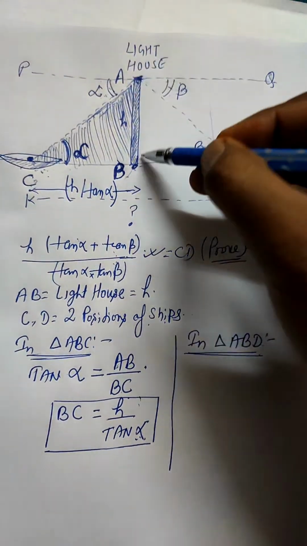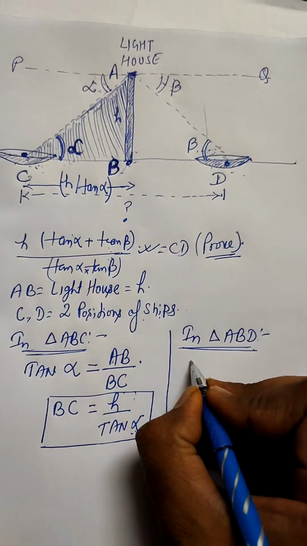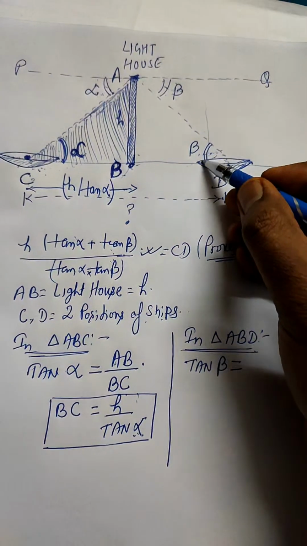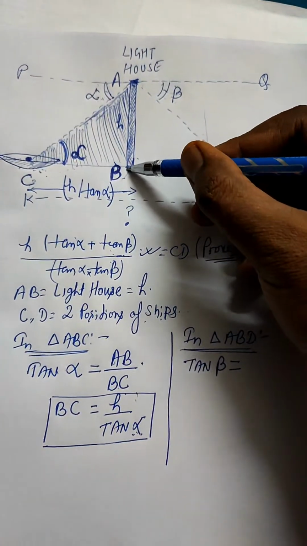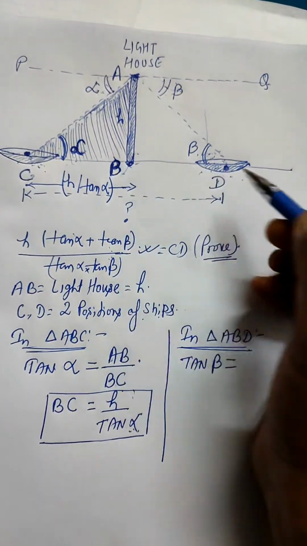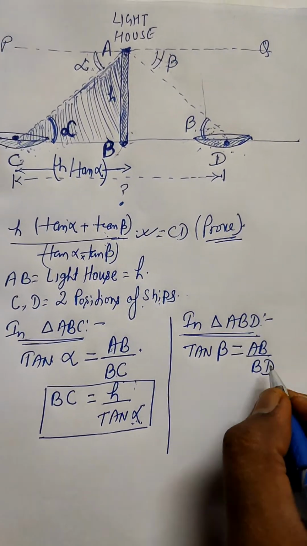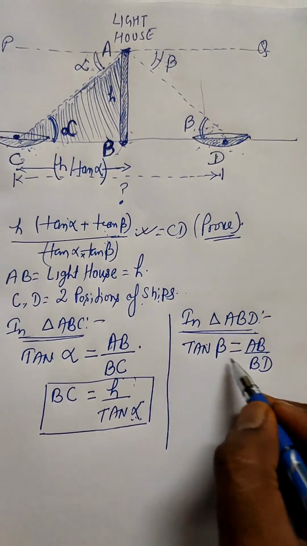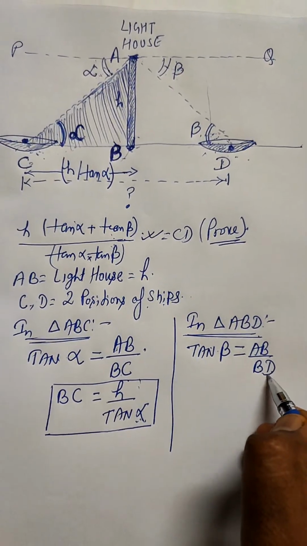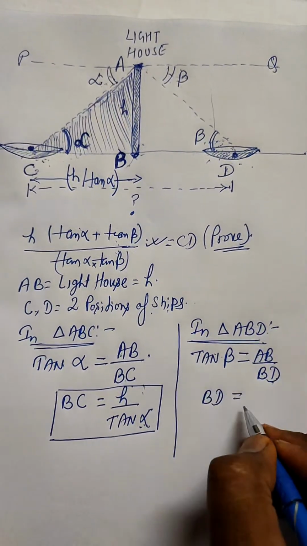In triangle ABD, tangent of beta, tan beta is equal to the height of the tower, that means AB, the perpendicular, by the base, that is BD. So AB by BD, and when you do cross multiplication, this BD will go to the LHS and tan beta will come into the denominator of the RHS. So we can write BD as AB by tan beta.